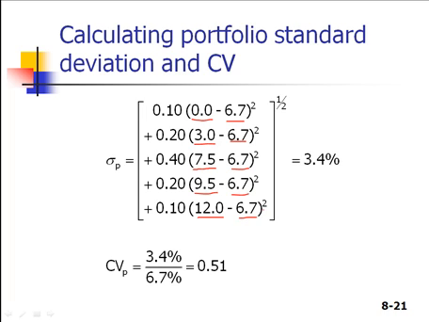Then in each case we're going to square the difference. So it doesn't really matter whether it's a negative difference or a positive difference, because when we square it, it's going to end up being a positive number anyway.